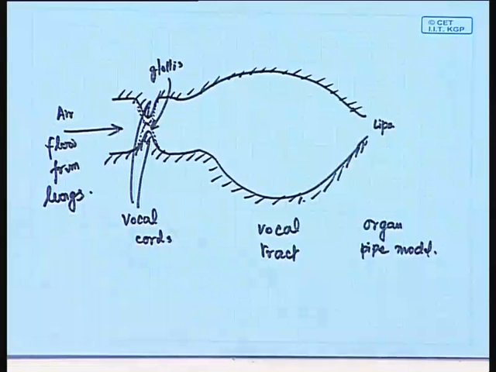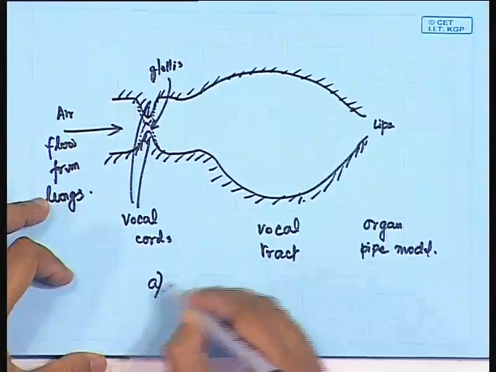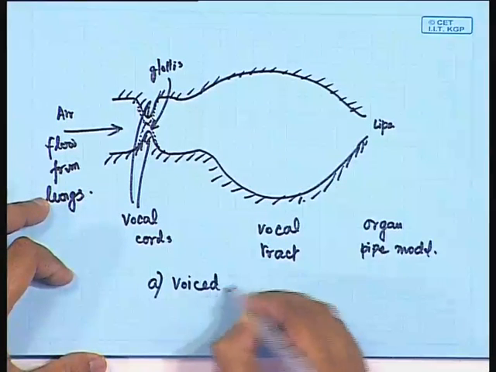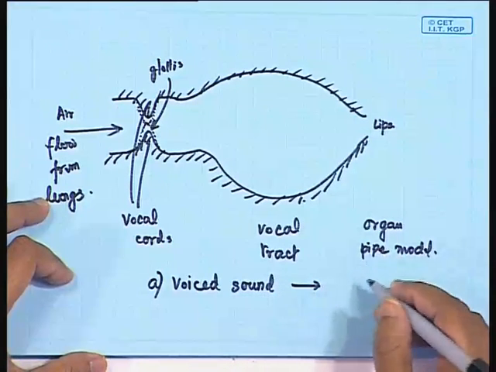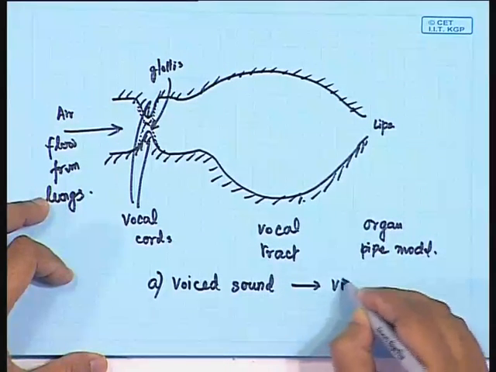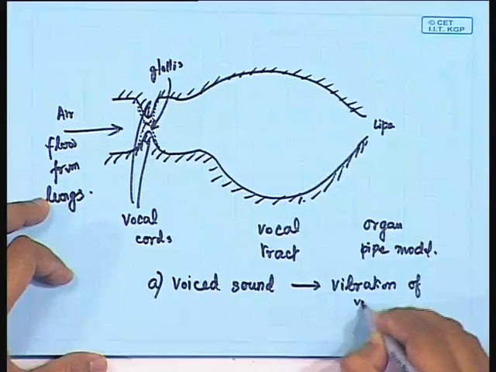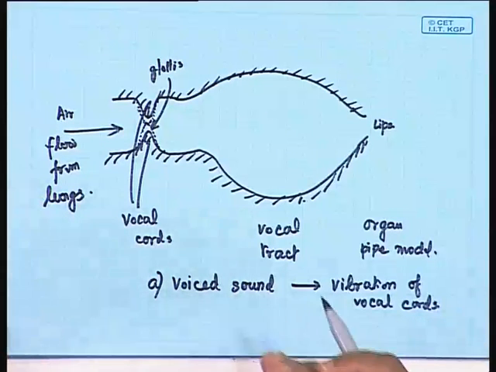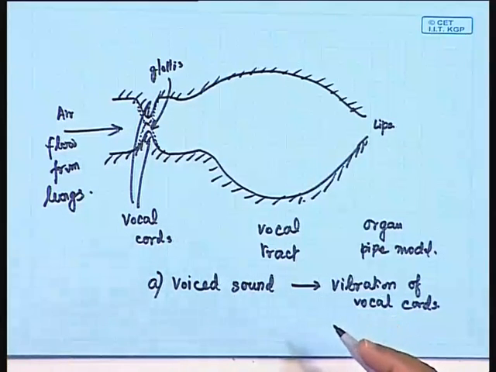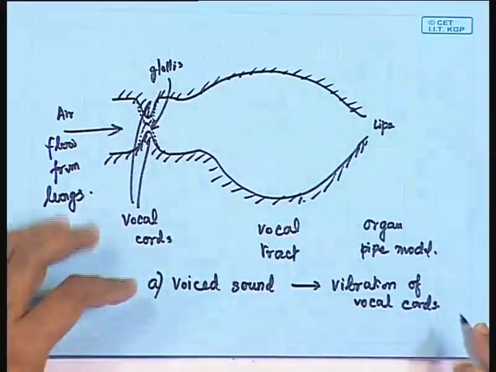Now there are two kinds of sounds that are produced. One is what is called the voiced sound, and the voiced sounds are actually produced through the vibration of the vocal cord. So voiced sounds are produced through vibration of vocal cords, and this can be modeled like the quasi periodic excitations that go on at the glottal passage.